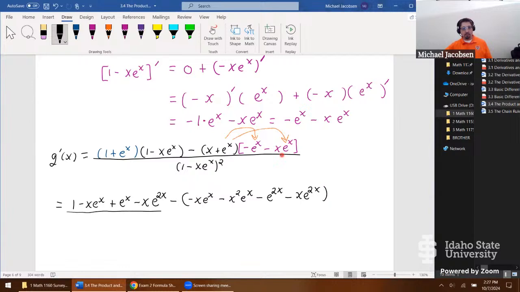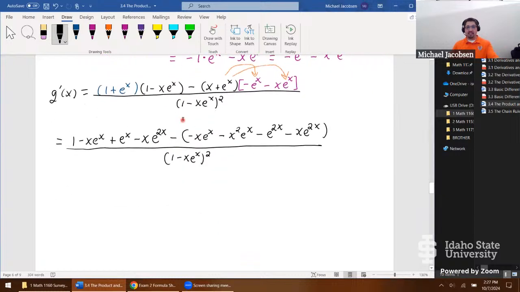So one big fraction in the numerator. Denominator is 1 minus x e to the x squared. So my next step is to distribute the negative sign in and collect our like terms. So here we go. It starts off with a lot of copying up to where the red dot is. 1 minus x e to the x plus e to the x minus x e to the 2x.